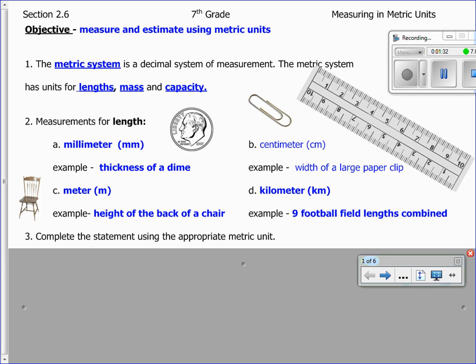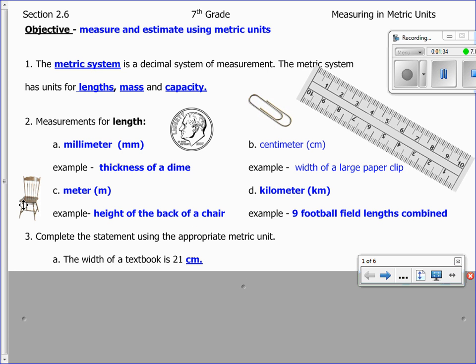So we're going to complete the statement using the appropriate metric unit. The width of a textbook is 21 centimeters. 21, the width of a large paper clip. Who's got B for me? What do you think B is going to be? Yes?